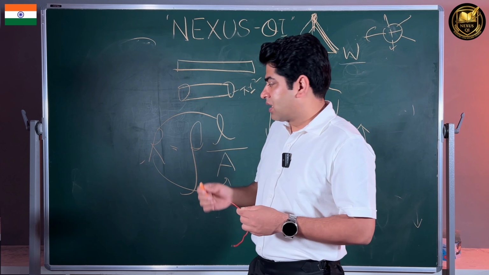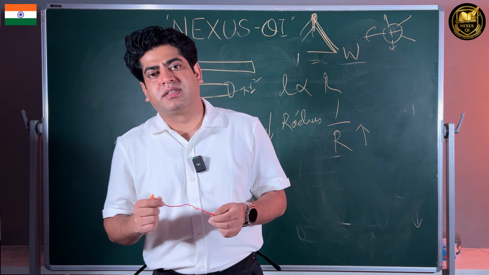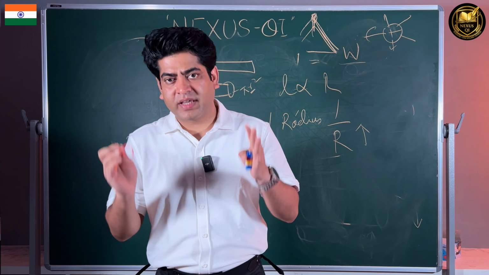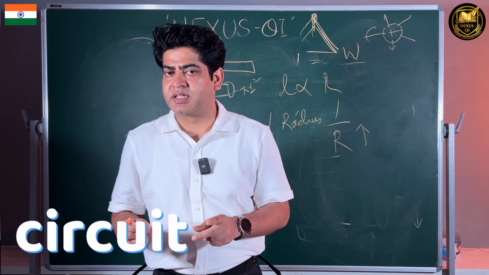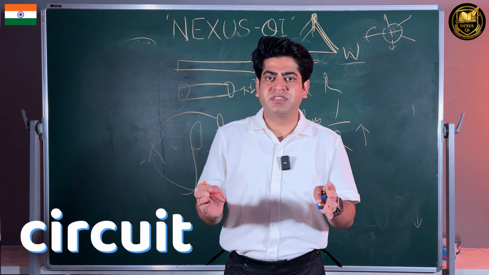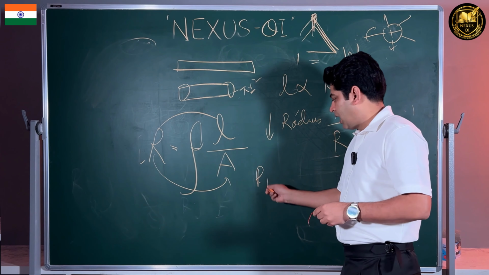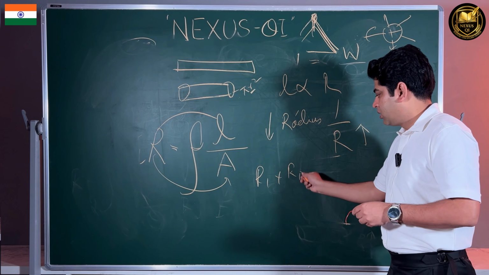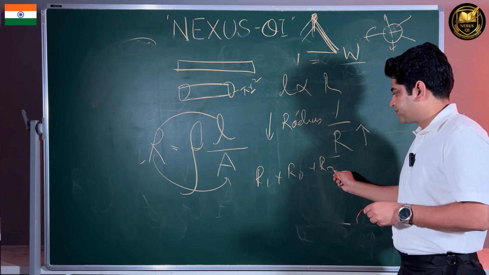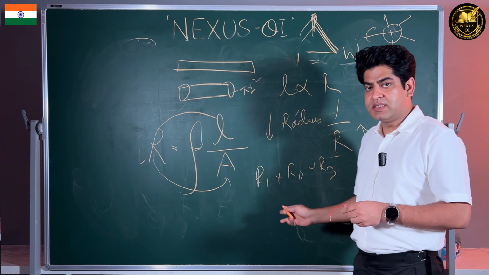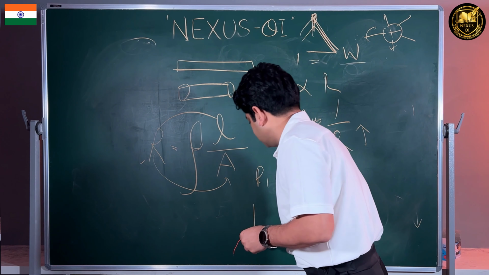Now, how can we calculate all the resistance? For calculating, we have to check the circuit. If all the resistances are present in series, we have to make it R1, R2, R3, if they are placed in the circuit in this way.